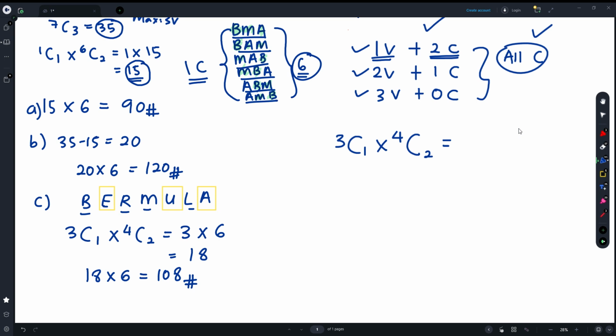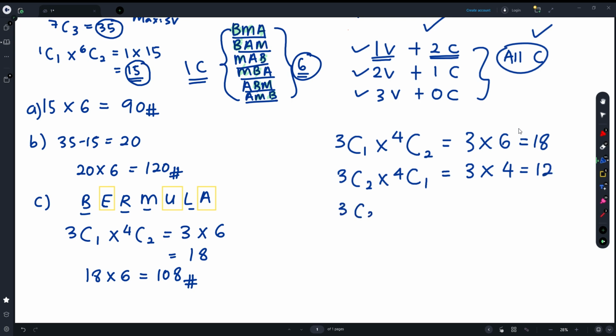So I'm going to do the working, 3 choose 1 and 4 choose 2, which will give me 3 multiplied by 6, 18. And then 3 choose 2 multiplied by 4 choose 1. Here 3 choose 2 is going to be 3, multiplied by 4 choose 1 which is 4, which is 12.